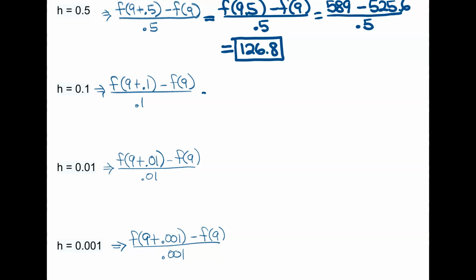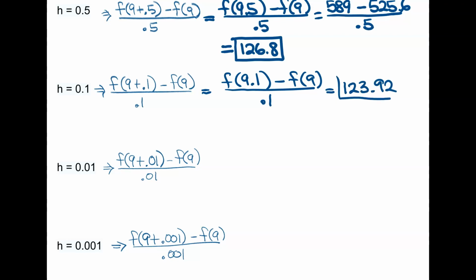For 0.1, if you plug in f of 9.1, subtract f of 9, which we already did, and divide by 0.1, we end up with the value 123.92. Again, we're using a calculator to do this. Same thing for the next one: plug it in your calculator and you end up with 123.272.